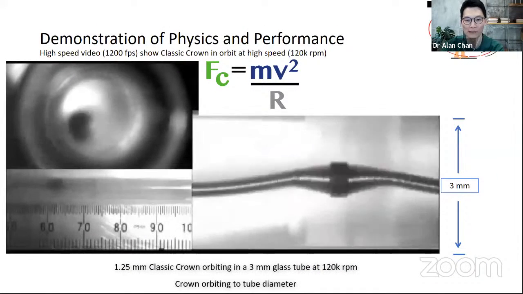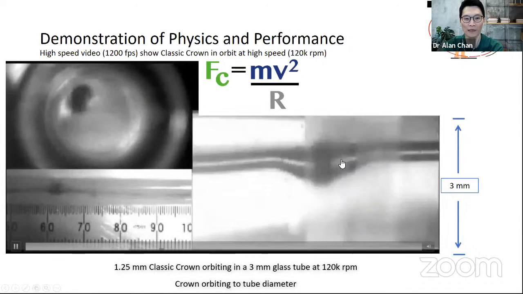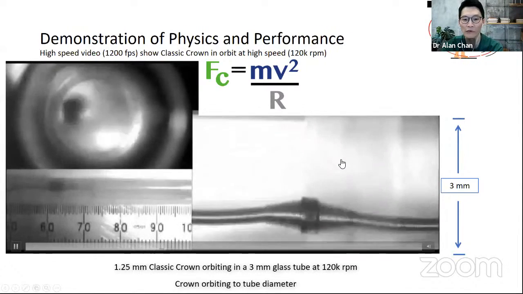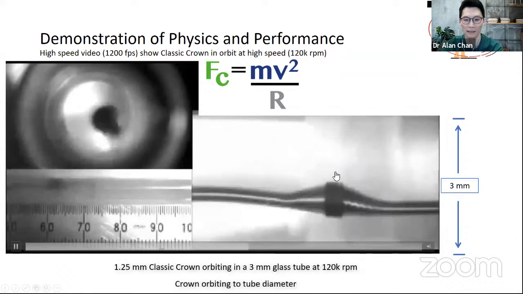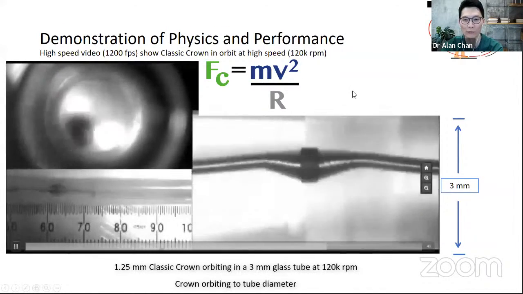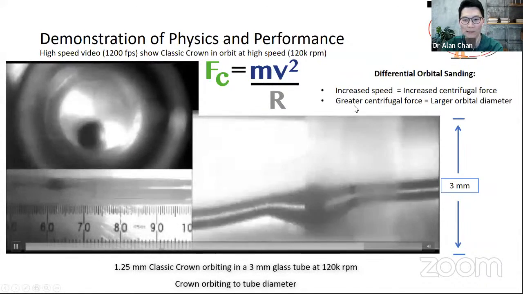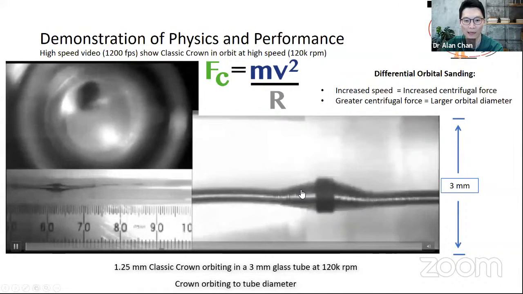So what is this difference as compared to rotational atherectomy? It follows the physics of centrifugal force. The eccentric crown moves in orbit, just like this. And if you increase the speed, the force will be greater, and as well the diameter will be bigger. So this is the first important information.